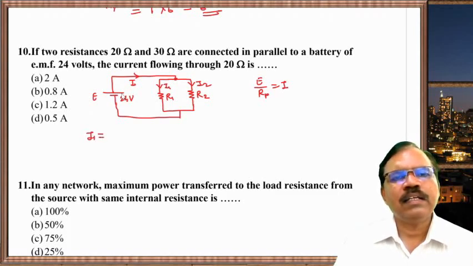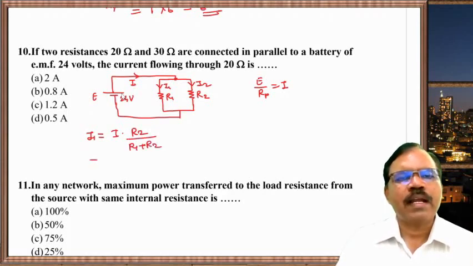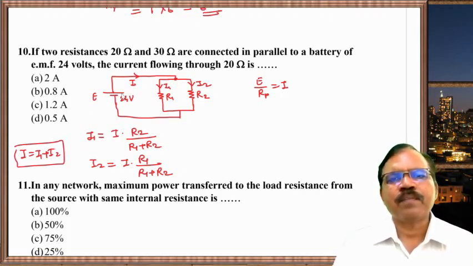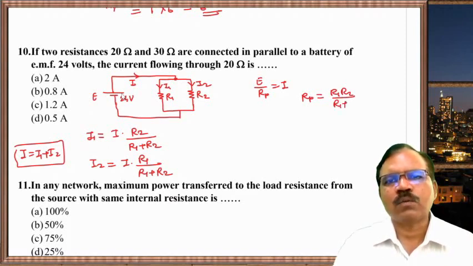I1 is equal to I into, now we have to find through R1, so take R2 upon R1 plus R2, and I2 is equal to I into R1 upon R1 plus R2, and I is equal to I1 plus I2 according to Kirchhoff's law. So first find out RP and then I. RP is equal to R1 R2 upon R1 plus R2.